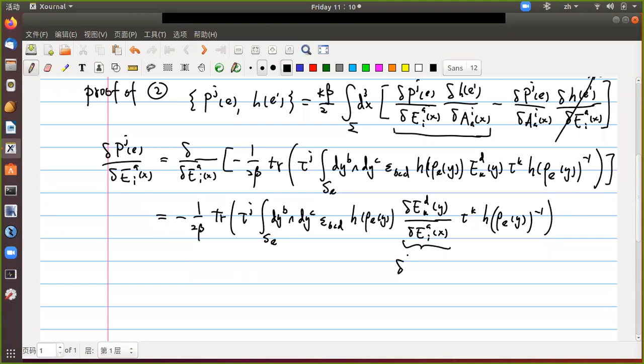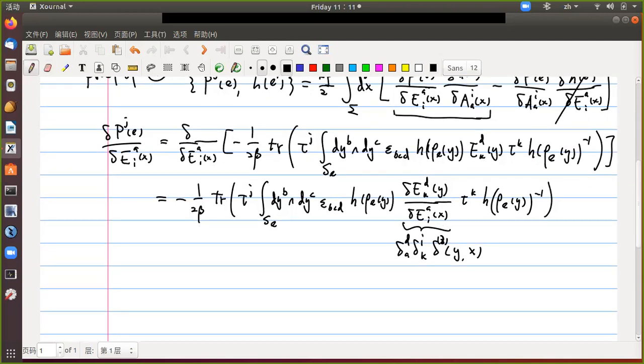It gives δ_a^k δ_i^k δ(y, x), a three-dimensional delta function. So everything is easy for this derivative.